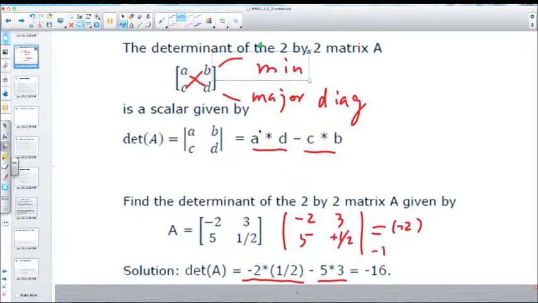That will be negative 1 minus 15 equals negative 16. That's a number. But you never say this A equals 16. A never equals 16 or 17 or any number. A only can equal A. That's a table. But the determinant of A is negative 16.